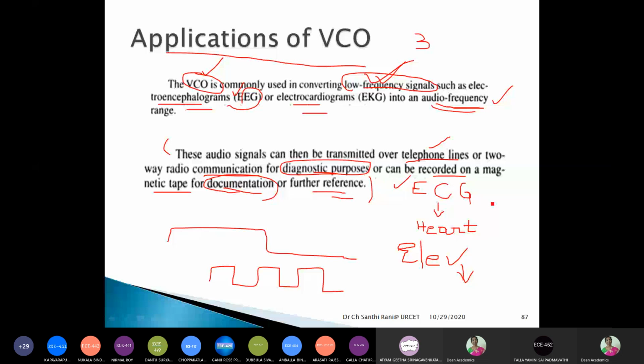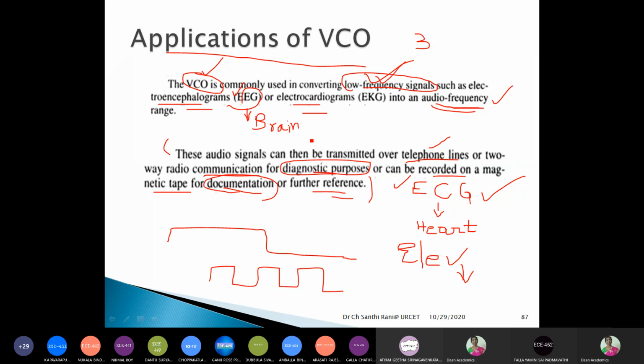Now, just as ECG records the electrical activity of the human heart, the EEG, that is electroencephalogram, records human brain activity, the electrical activity of the brain.